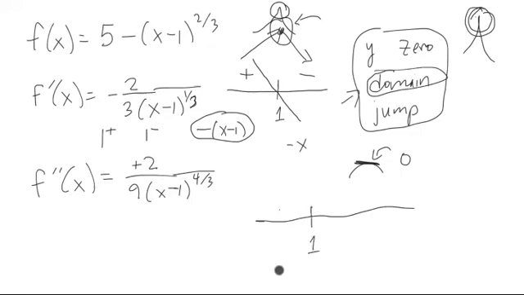Let's think about what's happening here with signs. Notice this is the 4th power, that's positive. This is always positive. So really we haven't had any crossover. It's just always positive, which means that in particular this function has no inflection point. It's always going to be concave up everywhere.